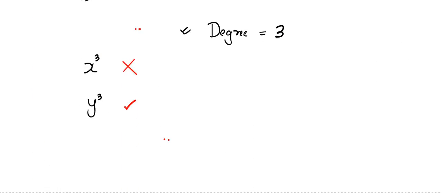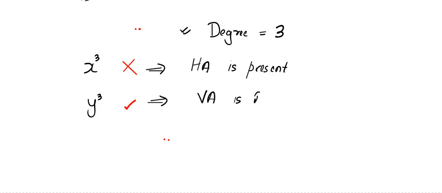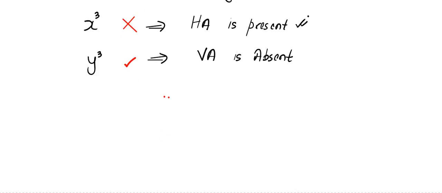Here x to the power 3 is not present, so horizontal asymptotes are present. And y power 3 is present, so vertical asymptotes are not present. So the first thing to do is find the horizontal asymptote.